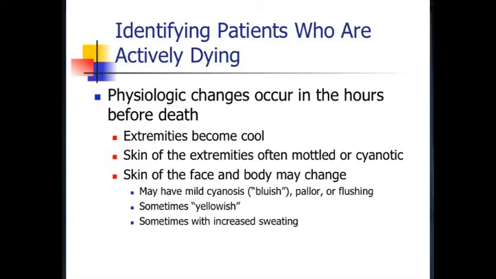Some patients are pale. Some patients appear to be flushing. There's sometimes a yellowish, waxy characteristic that's been described. And sometimes patients are sweating. So changes neurologically, changes in responsiveness, changes in breathing, and changes in vasomotor function and integument.